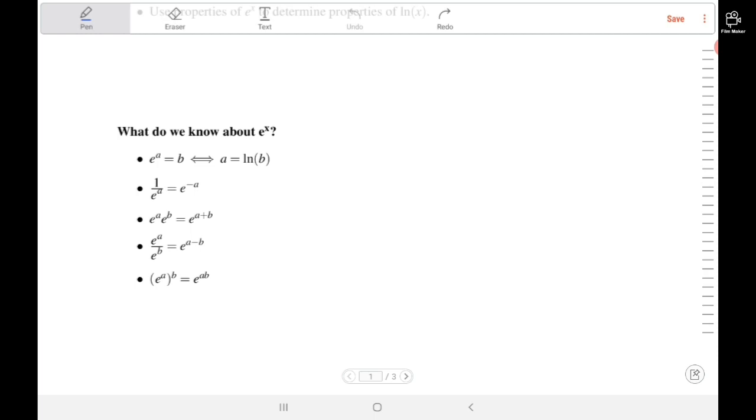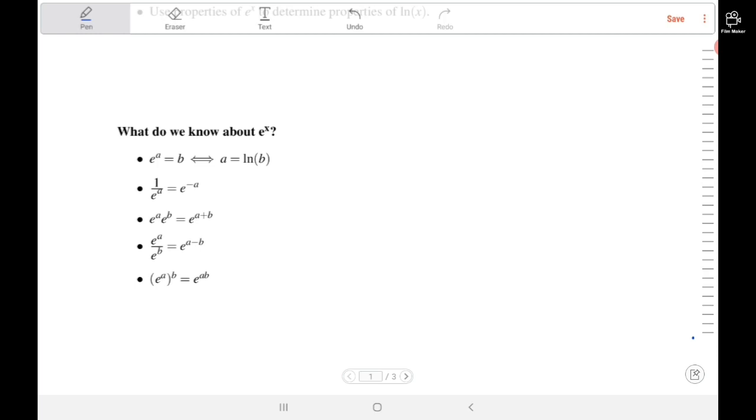But we also know some other properties of exponential functions that will be helpful here. For example, 1 divided by e to the power of a is the same as e to the negative a. If you multiply two exponentials, that is the same as taking the exponential of the sum of those values. If you divide, then analogously you get the difference.